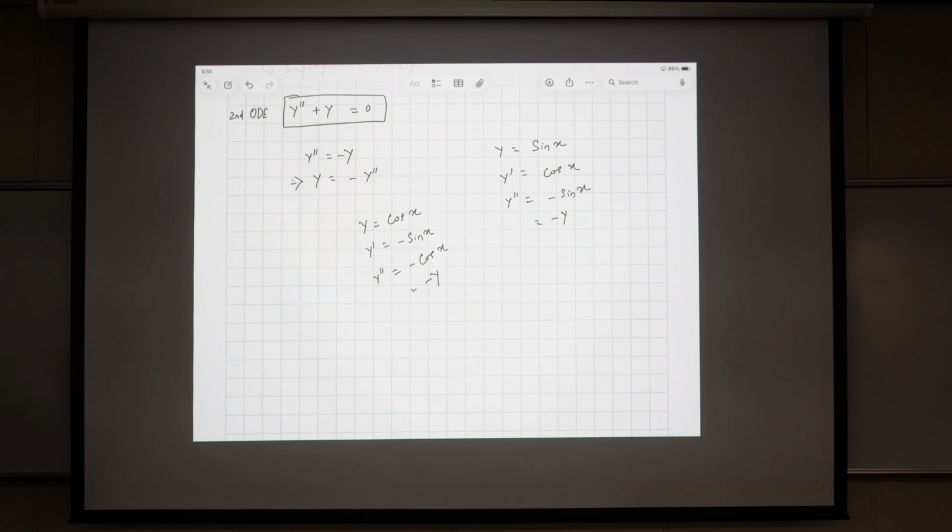Depending on the situation, you want y to satisfy other conditions, like x equals 0 to satisfy one condition, or you want y to be cosine of pi. So depending on what you choose.